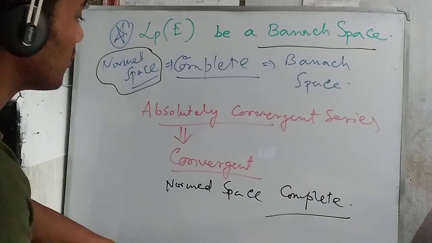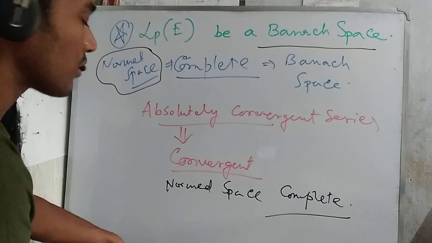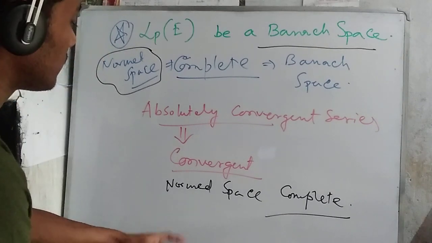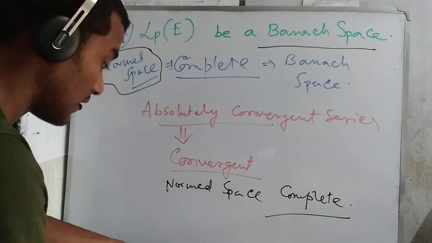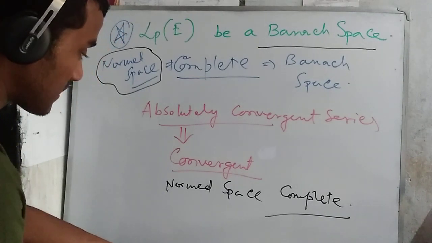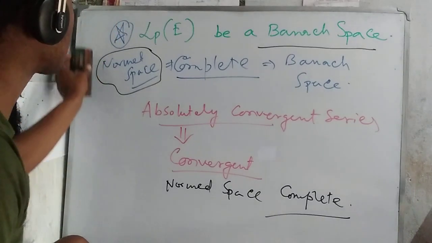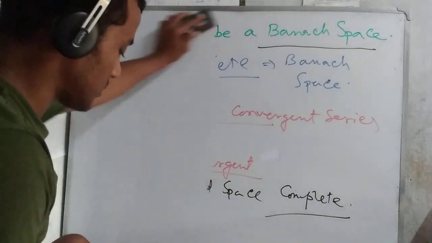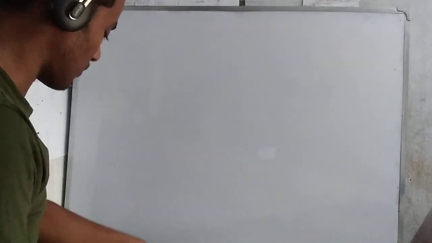We also talked about absolutely convergent series, and that in a normed space, if every absolutely convergent series is convergent, then the space is complete. Now we discuss that L^p is a Banach space. We start from the proof, and we write it in a manner.